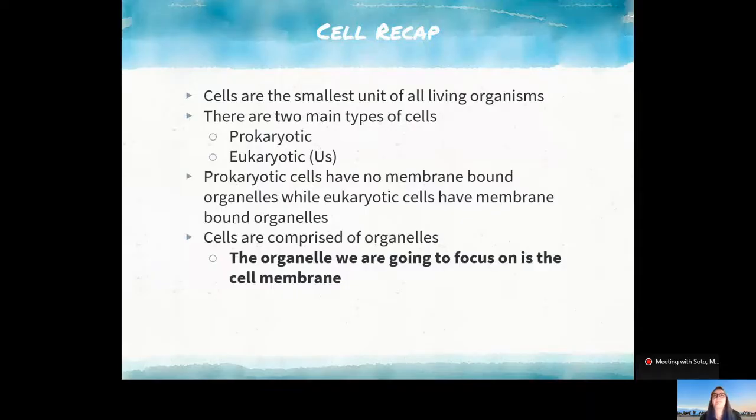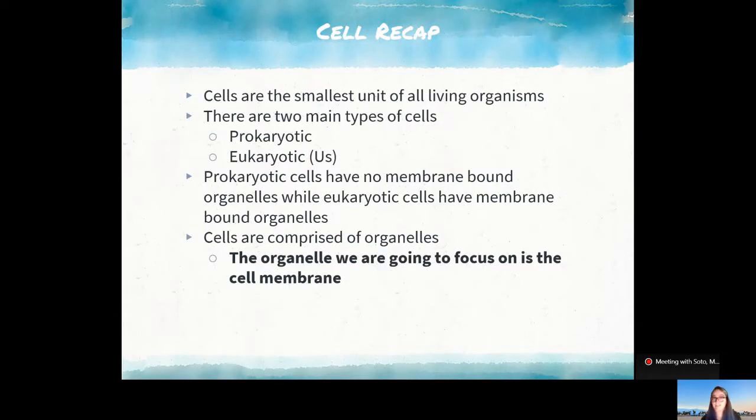So, quick recap. Cells are the smallest unit of all living organisms. There's two main types of cells, the prokaryotic and the eukaryotic. The prokaryotic don't have membrane-bound organelles, and eukaryotic do. And they also don't have a nucleus to house their DNA.